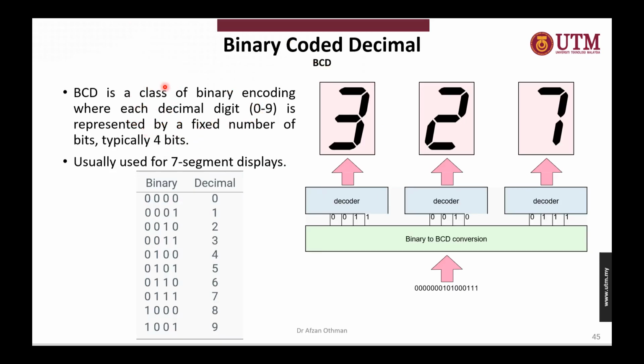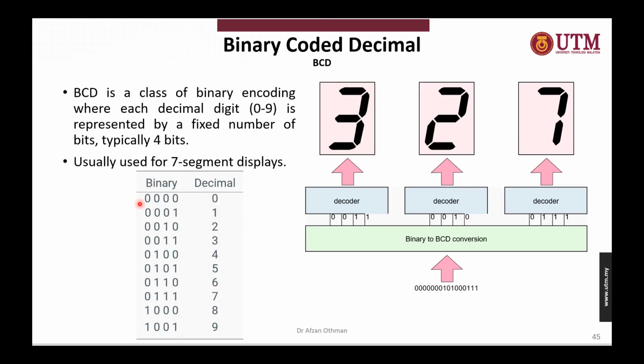BCD is commonly used to drive the 7-segment display. By using BCD, we can directly drive the 7-segment display to display the digits from 0 to 9. So these are the BCD codes, and these are the decimals.